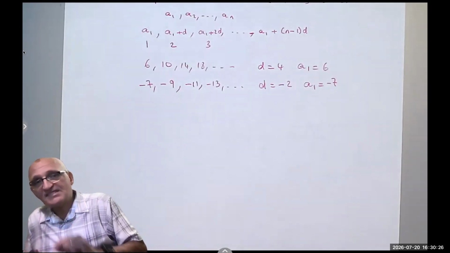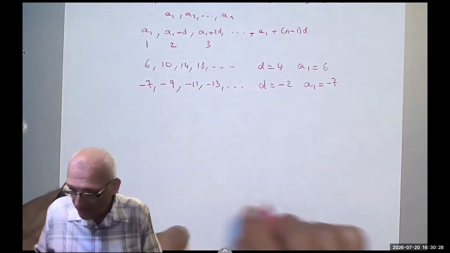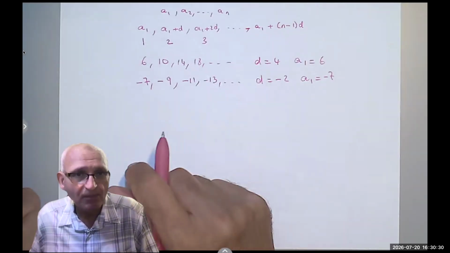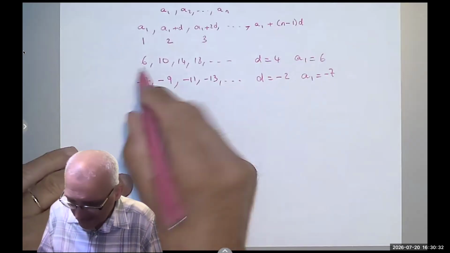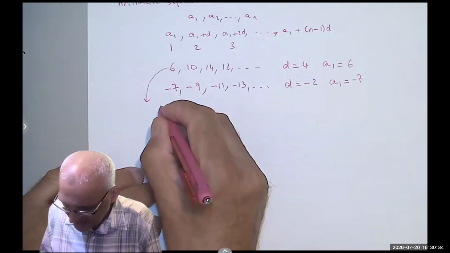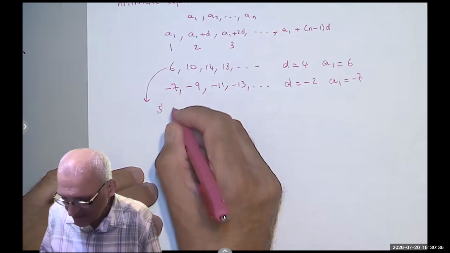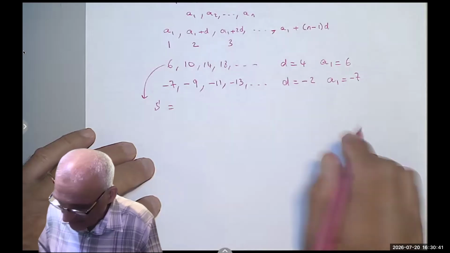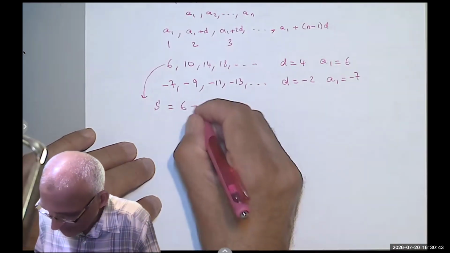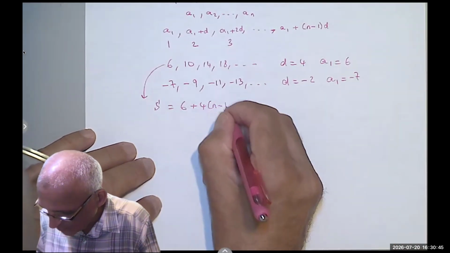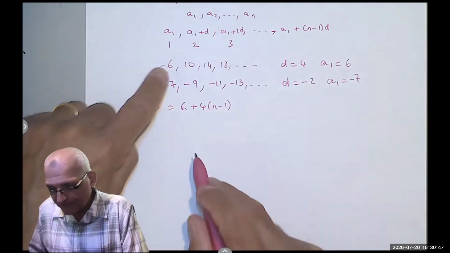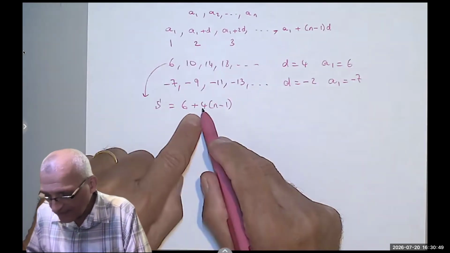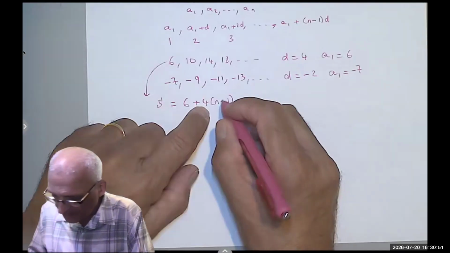Sometimes we give you the sequence explicitly. What do I mean by explicitly? For example, for this sequence, I can say this sequence S you can get by saying 6 plus 4 times n minus 1. 6 is the first term, and then you keep adding 4.